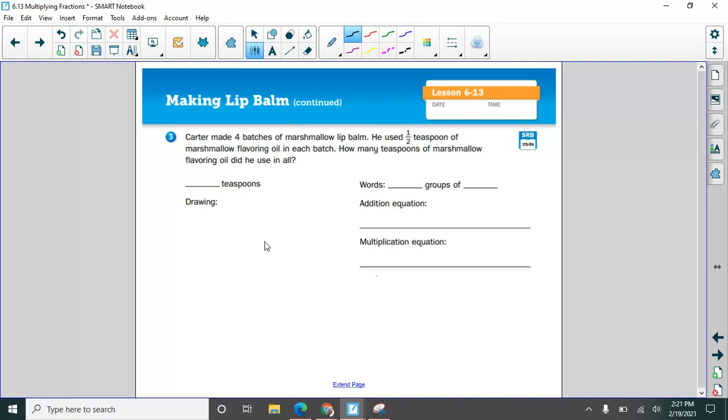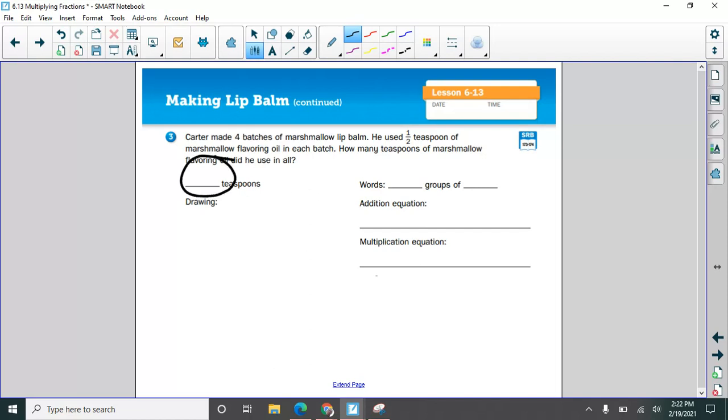You can go farther if you want, especially if you feel like you want to challenge your brain a little bit. Because you're writing them 4 different ways, the words, the addition, the multiplication, and the drawing, all of these should end up with the same answer, which you will put in the answer spot.